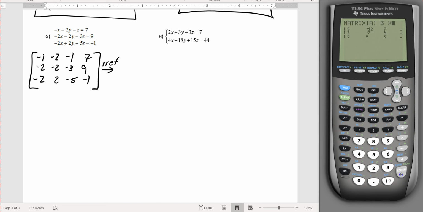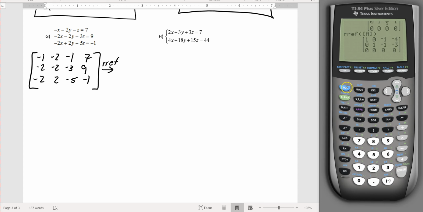It is a 3 by 4 matrix: negative 1, negative 2, negative 1, and 7. Then negative 2, negative 2, negative 3, and 9. Then negative 2, 2, negative 5, and negative 1.